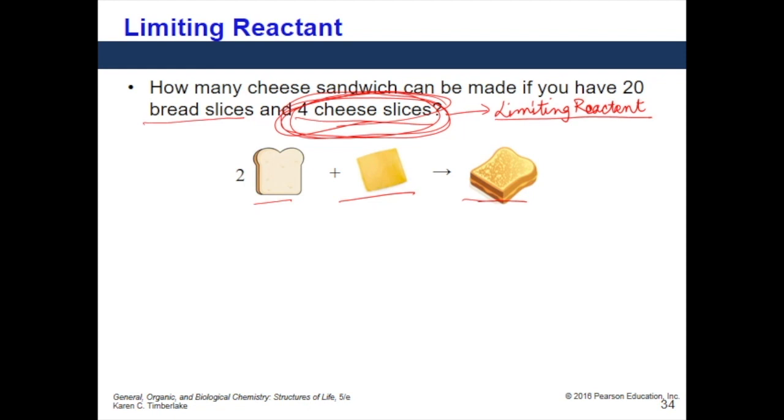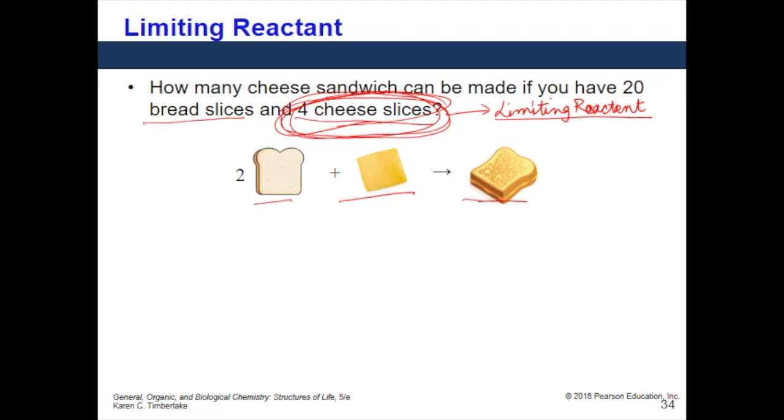So once I use all 4 cheese slices, I will have the other 12 slices of bread left over, which I will not be able to use to make more grilled cheese sandwiches. Okay, so your limiting reactant is the one that produces lesser amount of product. This is the reactant that gets used up first in a chemical reaction, and this is the reactant that will control how much product is produced from this particular reaction.